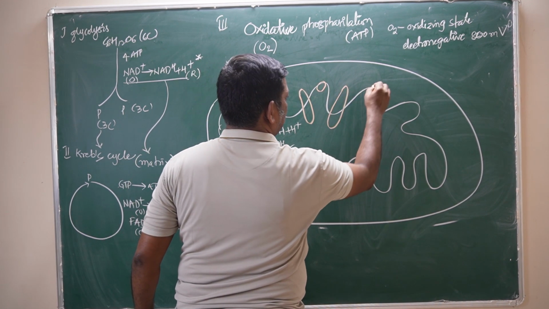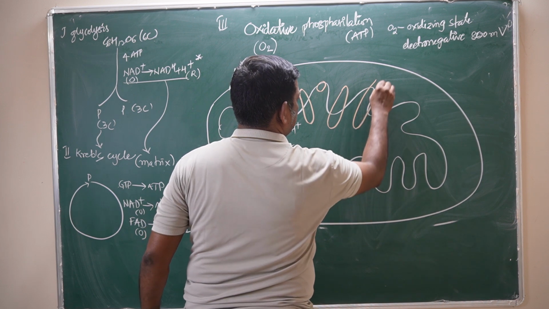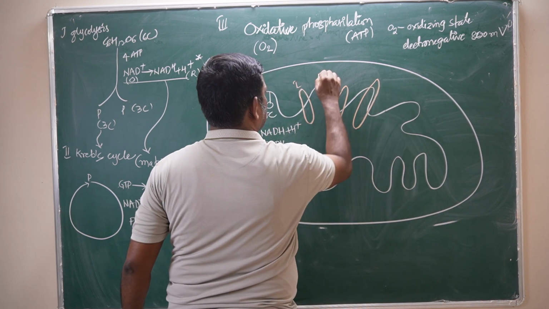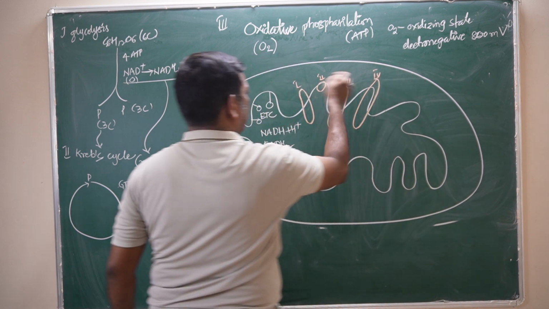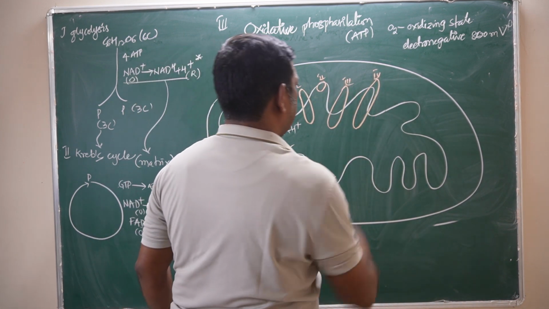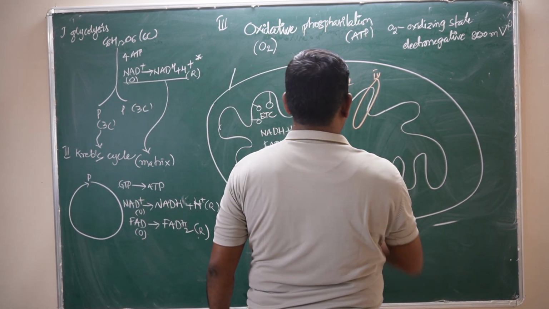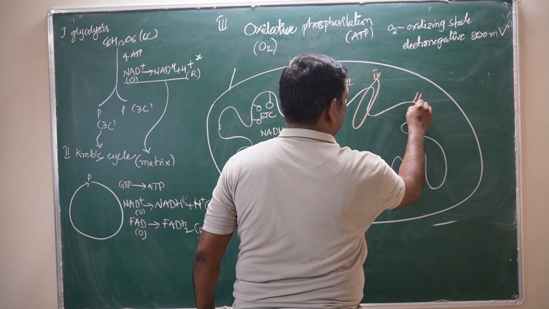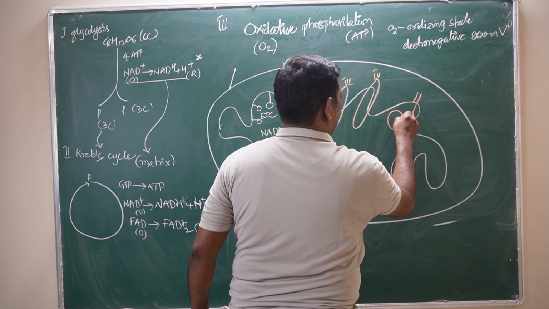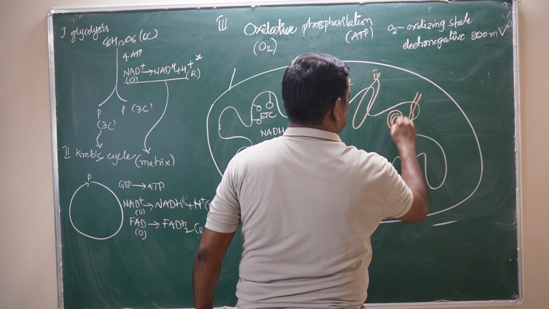These are the enzyme complexes: first, second, third and fourth. There are some names, cytochrome Q and other electron transporters. These four are electron transporters, and the final one, the fifth, is the ATP synthase complex.